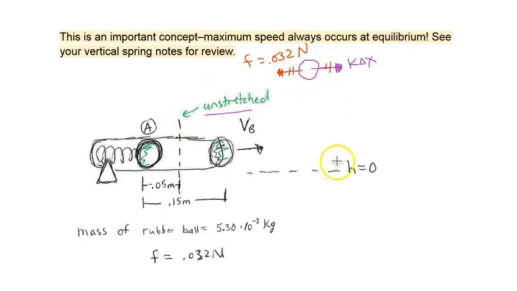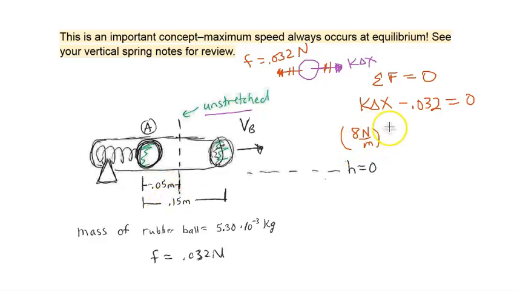So the question is asking you to find when these two forces are equal. So we're going to say the sum of the forces is 0. K delta X is positive minus the force of friction, and they are balanced. All right, and then the spring constant is 8. I'm going to keep using the units because people are having trouble remembering those.